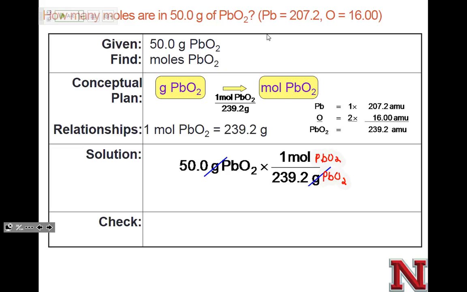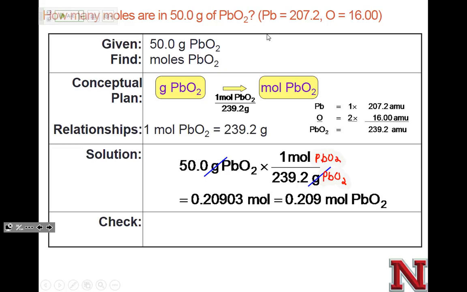So our grams can cancel out, so that goes in the bottom. And remember, your molar mass, your AMU, is grams per mole. So that number is how many grams per 1 mole. Don't mess this up. It's not 239.2 moles per gram. It's grams per mole. I see that mistakenly done all the time. So our grams cancel out, and we're left with our moles.